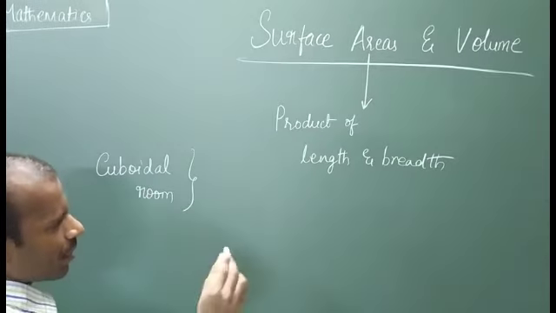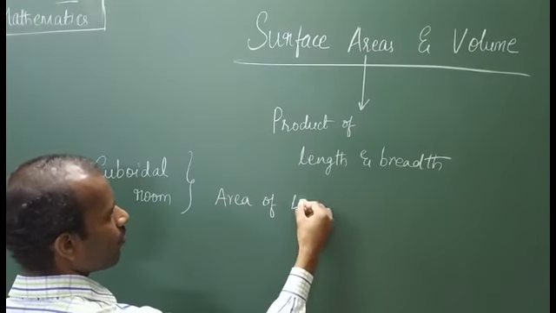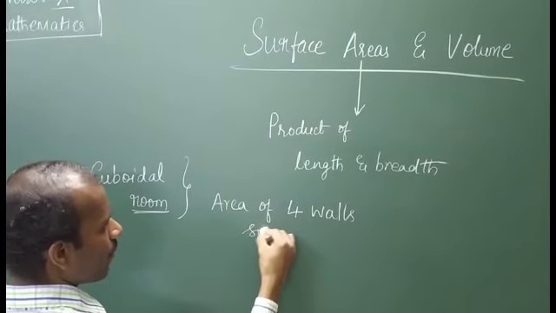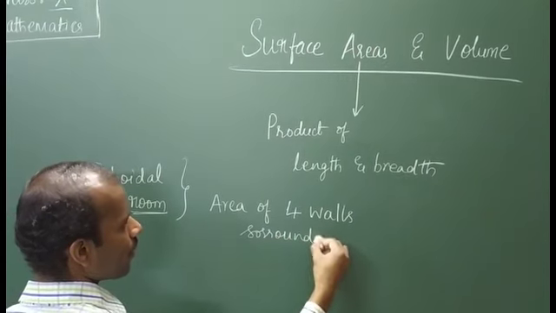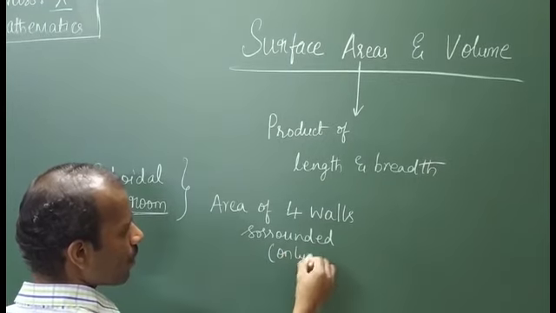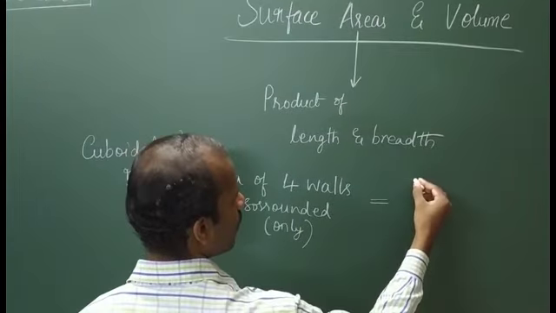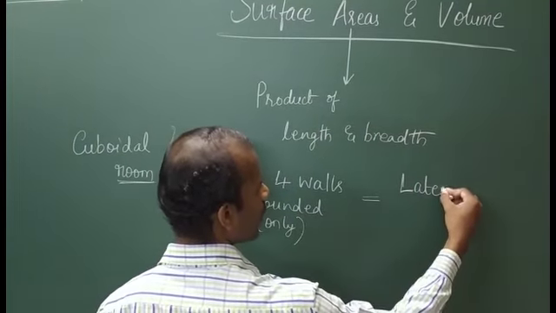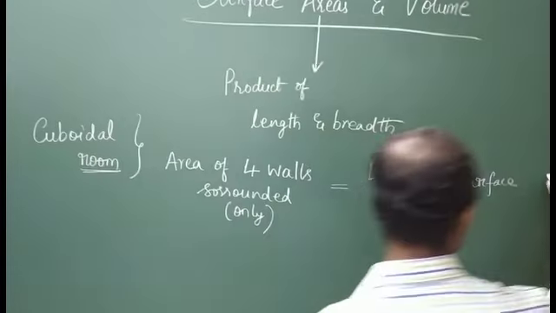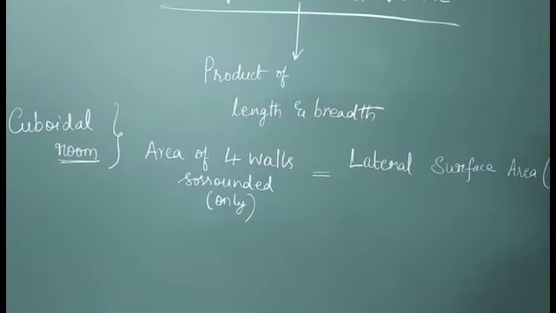If we take into consideration only the area of the four walls surrounded, then this is called lateral surface area, or just denoted by LSA.